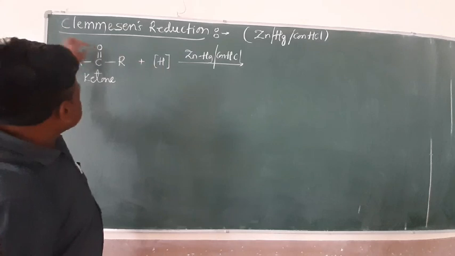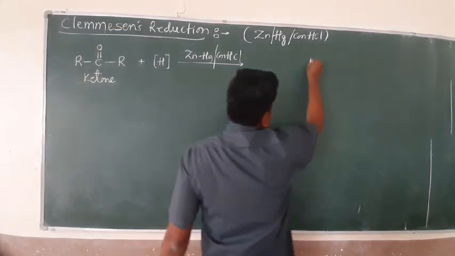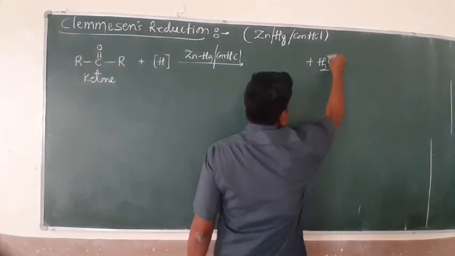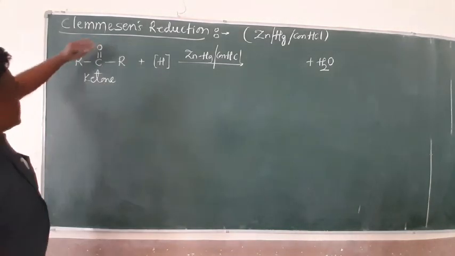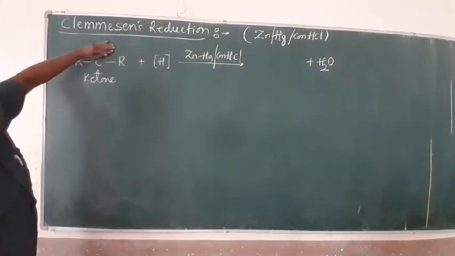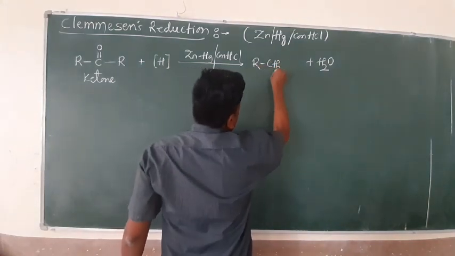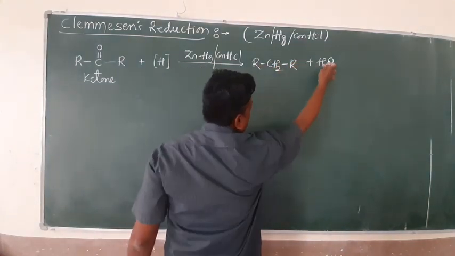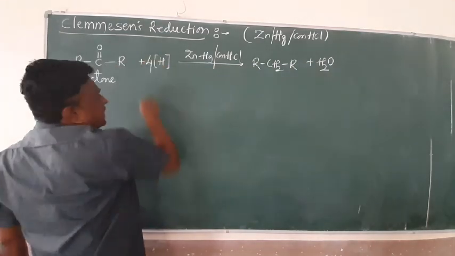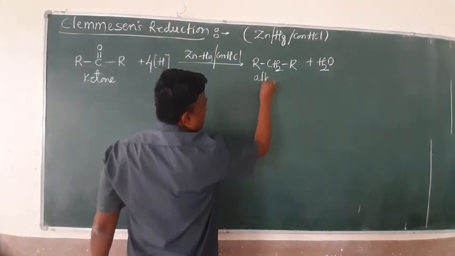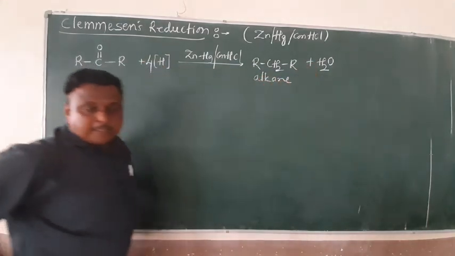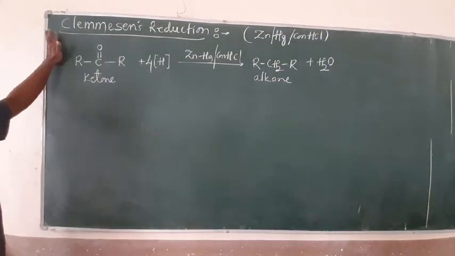The nascent hydrogen can remove this oxygen, that is called reduction, either addition of hydrogen or removal of oxygen. Once you remove this oxygen, you balance the carbon with hydrogen: RCH2R, with 4 hydrogens in total. The name of this compound is alkane. What does Clemmensen's reduction reaction mean?